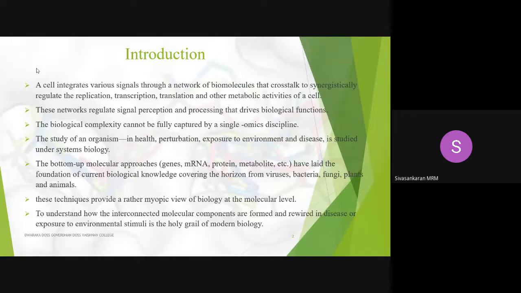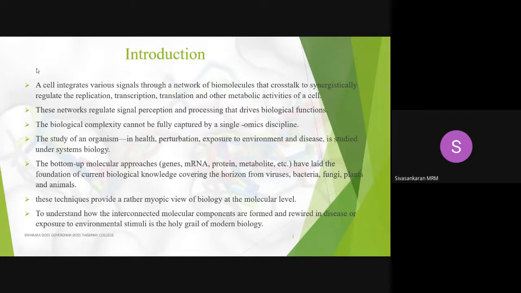Basically, the study of an organism in health, perturbation, and exposure to environmental disease is studied under the biological system. The bottom-up molecular approaches, genes, mRNA, protein, metabolite, etc., have laid the foundation of current biological knowledge, covering the horizon from virus, bacteria, fungi, plants, and animals. So it doesn't end with only the diseases of bacteria alone.